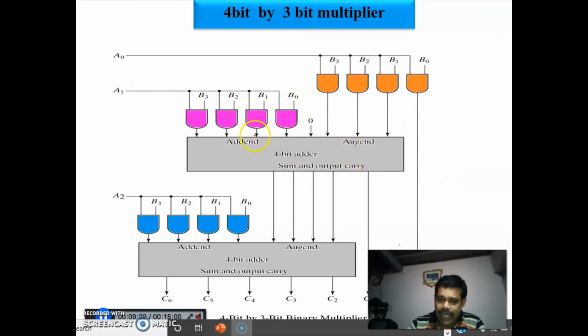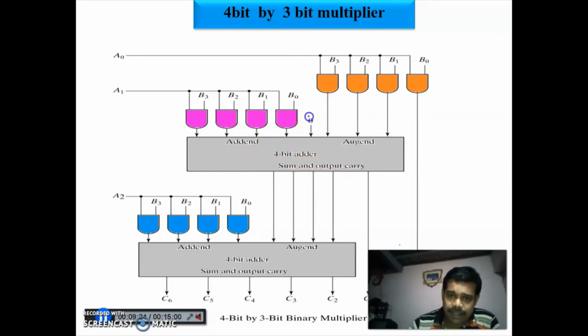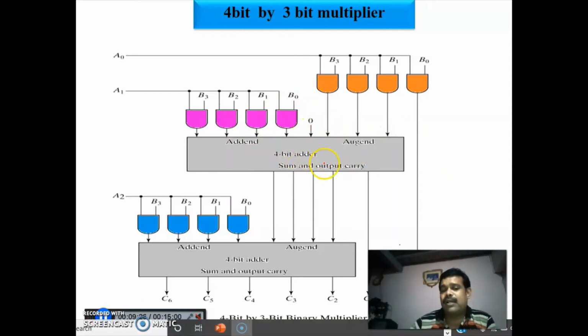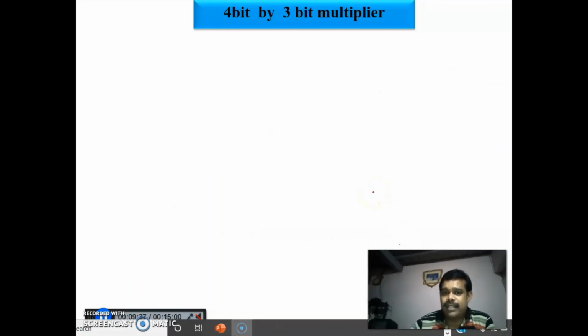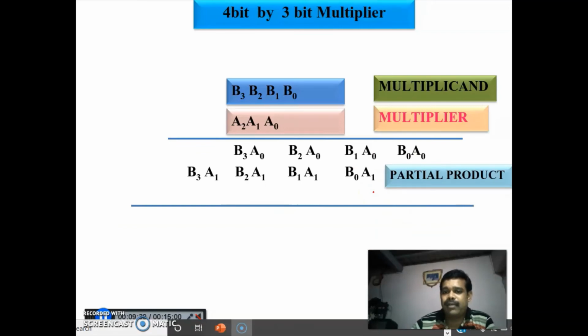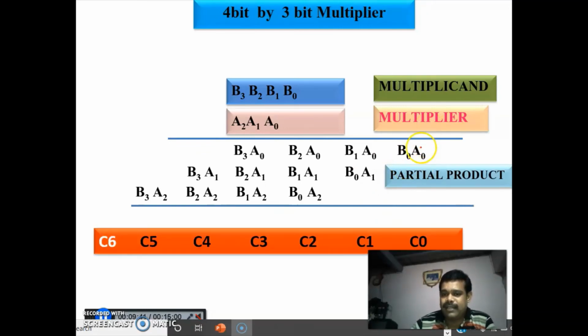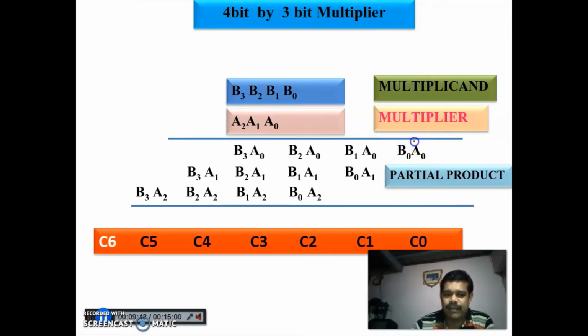Then we are adding these two. Please listen here. The MSB input of this adder is 0. Why? Because the first partial product we are taking directly and not adding. This is the first partial product. Here we are not performing any addition.